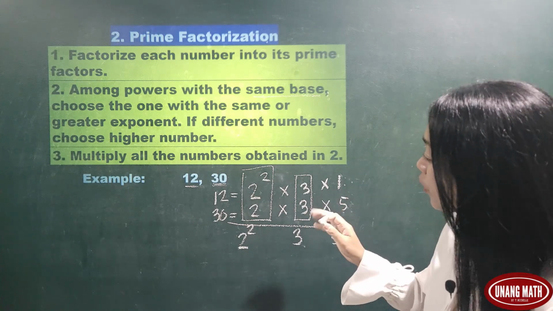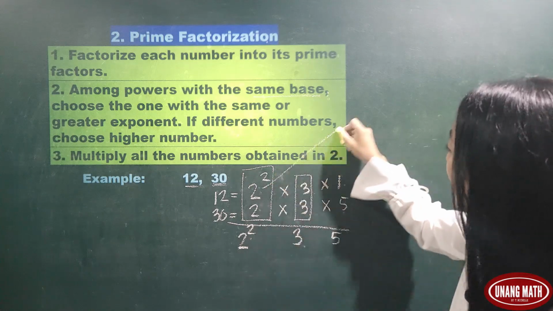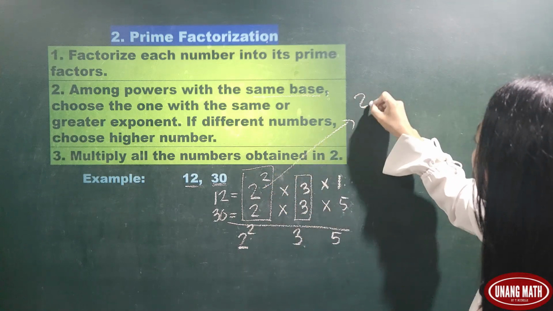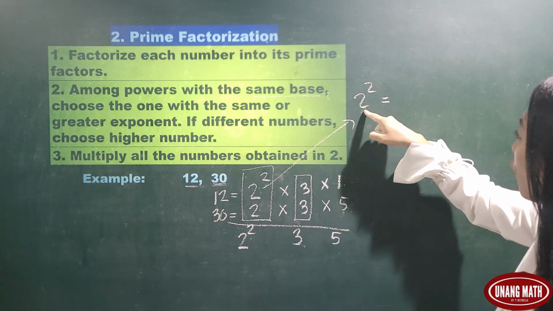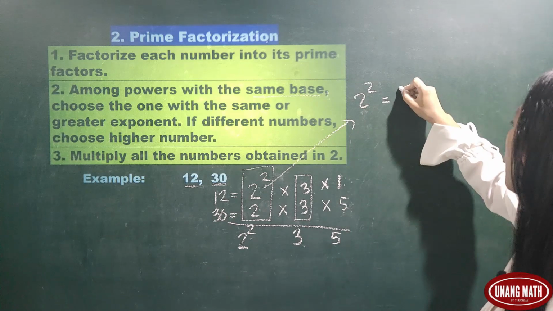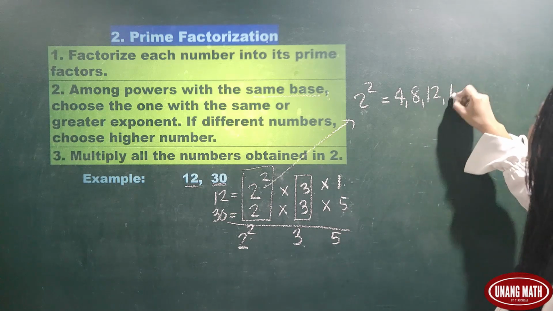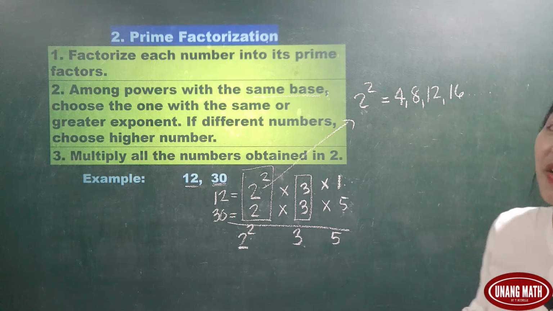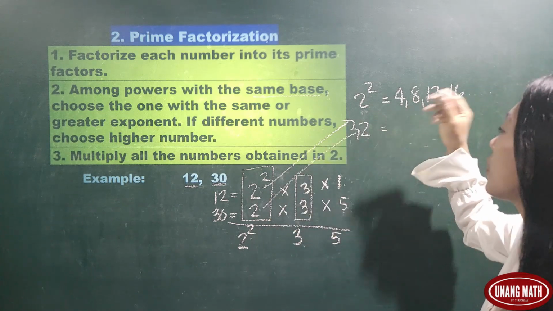Okay, why do we need to choose the higher number? What is 2 squared? 2 squared is 4. What are 4's multiples? We have 4, 8, 12, 16, and so on and so forth. How about 2's multiples?